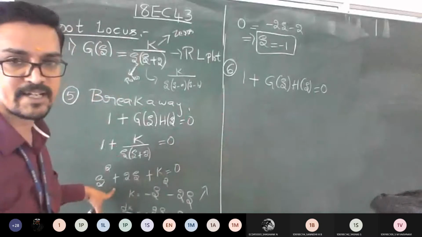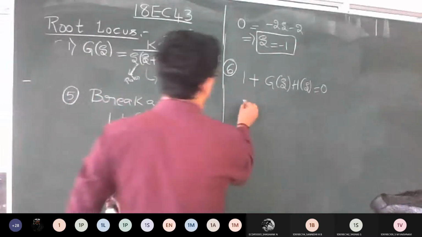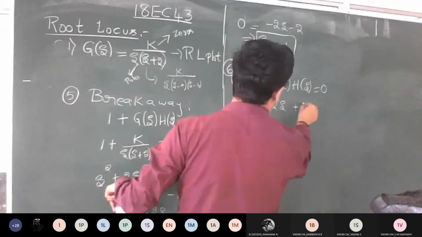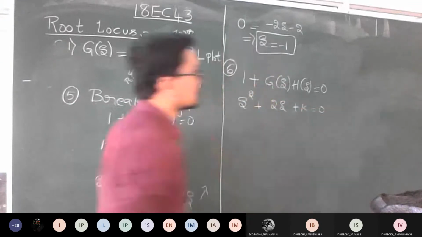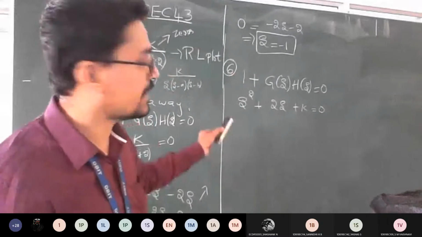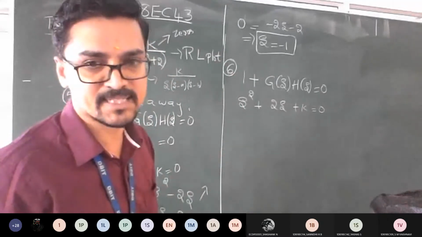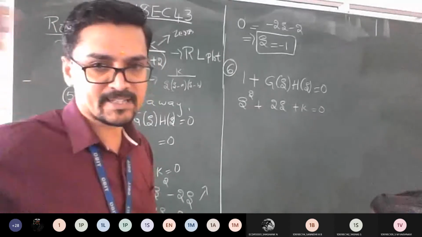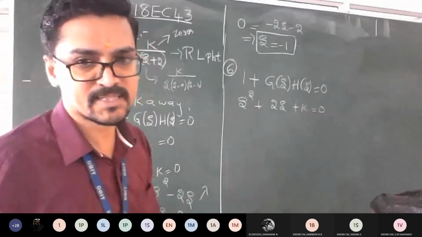You already got the answer, right? What is that simplified expression? This was s square plus 2s plus k. So to find the intersection on the imaginary axis, I need to connect my breakaway point to the intersection point. That is what step number 6 tells.